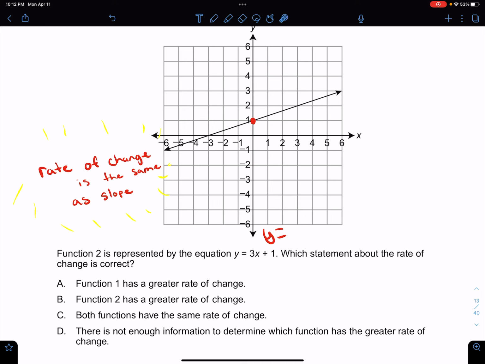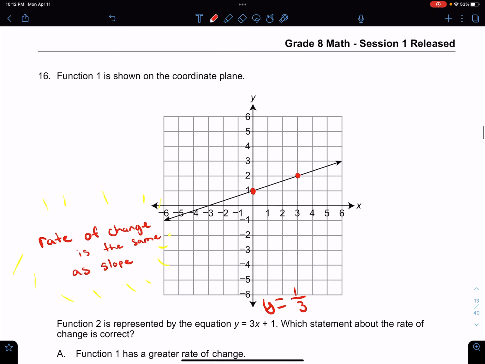I find the slope by finding 2 points on the line that are on a grid point, like these 2 points. From this point to this point, I go up 1 and over 1, 2, 3.